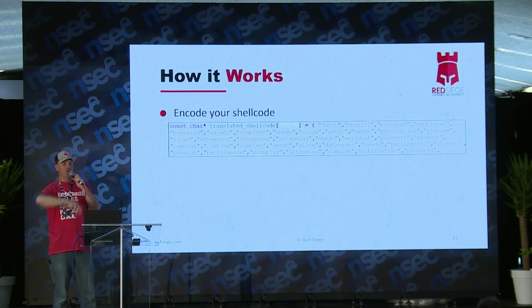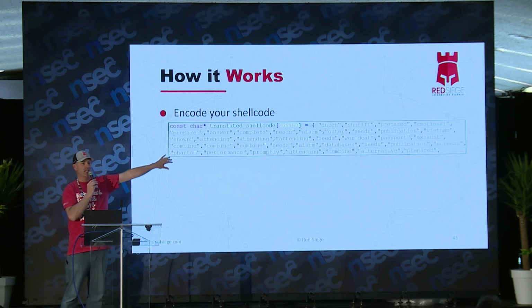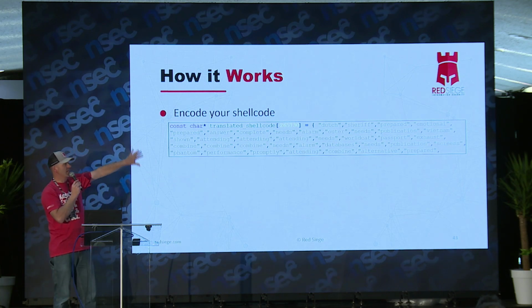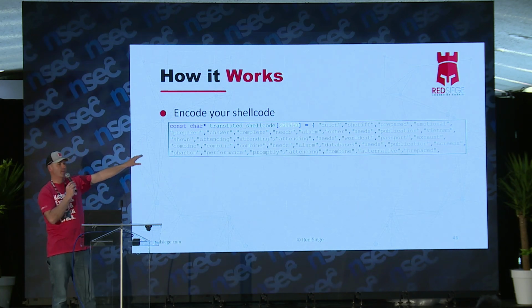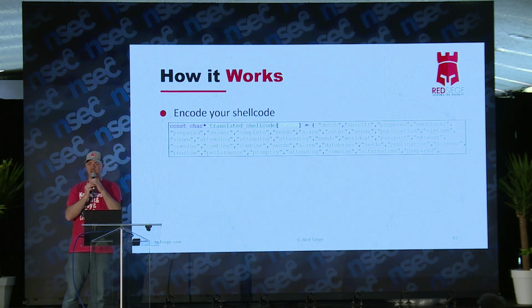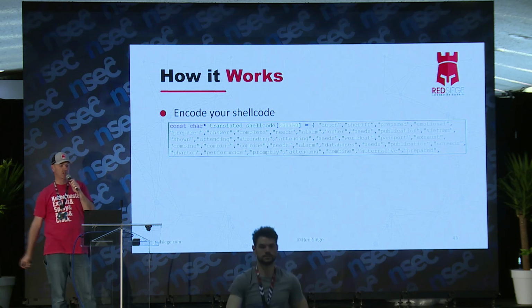We grab that word, and we insert it into our translated shellcode array. So this is our payload. In this case, it happens to be a Cobalt Strike beacon that I've encoded. And it's gigantic, but we have a bunch of words in this array.